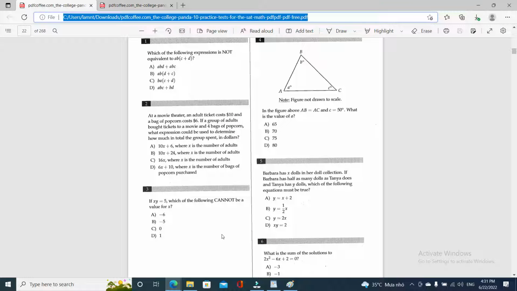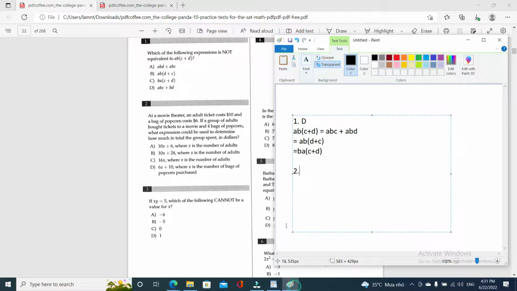Alright, number 2. At the movie theater, an adult ticket costs $10 and a bag of popcorn is $6. If a group of adults bought tickets to a movie and 4 bags of popcorn, what expression could be used to determine how much in total the group spent in dollars?